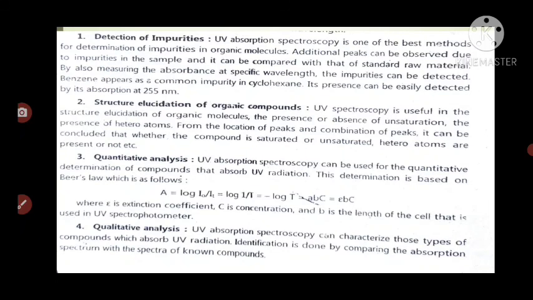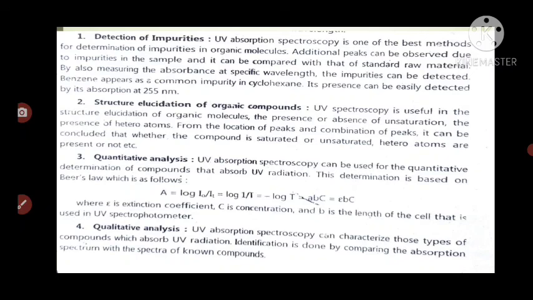In UV absorption spectroscopy, it is a very good method for determination of impurities in organic molecules. An additional peak can be observed due to the impurity in the sample, and it can be compared with that of the standard raw material, and also by measuring the absorption at a specific wavelength.